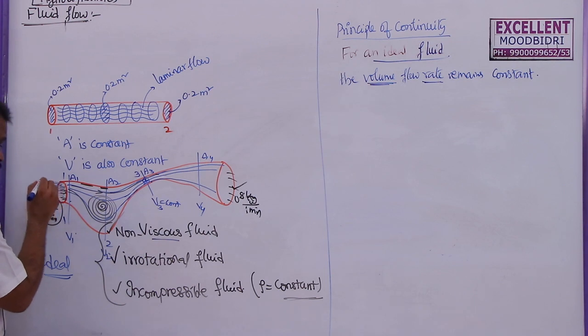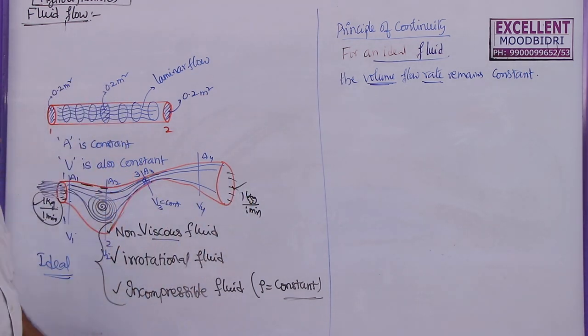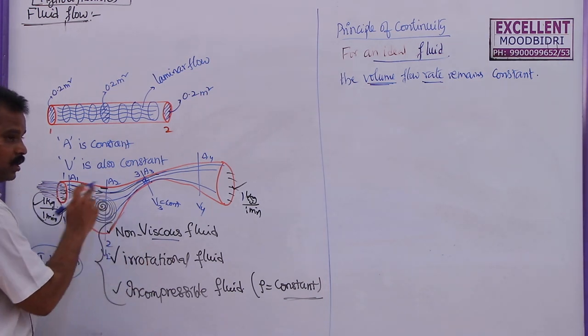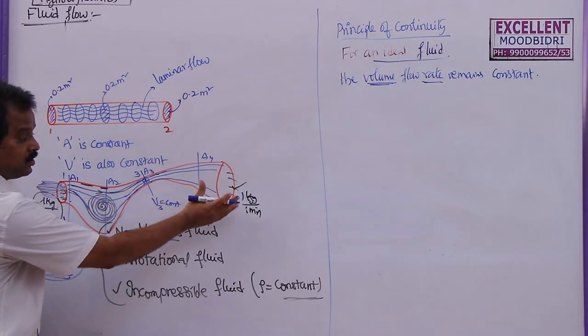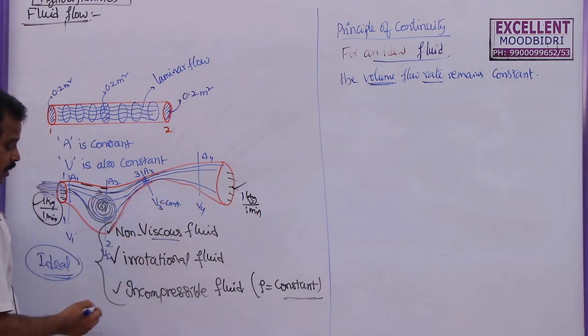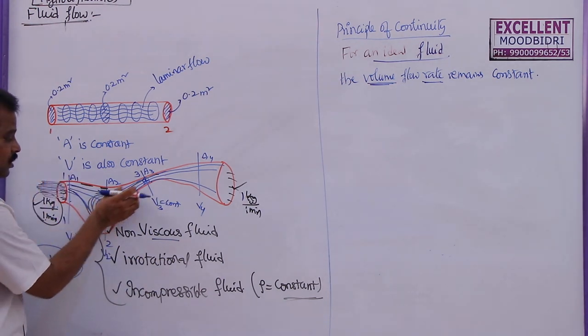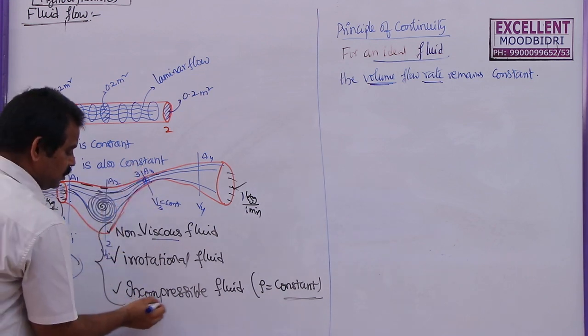If I send 1 kg ideal fluid per minute, and I am able to collect exactly 1 kg fluid per minute at the outlet, then such type of fluid is called ideal fluid, because it does not have that viscous property and it is not rotating here. If it starts to rotate, then within 1 minute we cannot get that much amount of the fluid on the other side, and it is incompressible. Suppose if rho changes, then the velocity slowly changes, it may go back or something. So that's why this is incompressible.